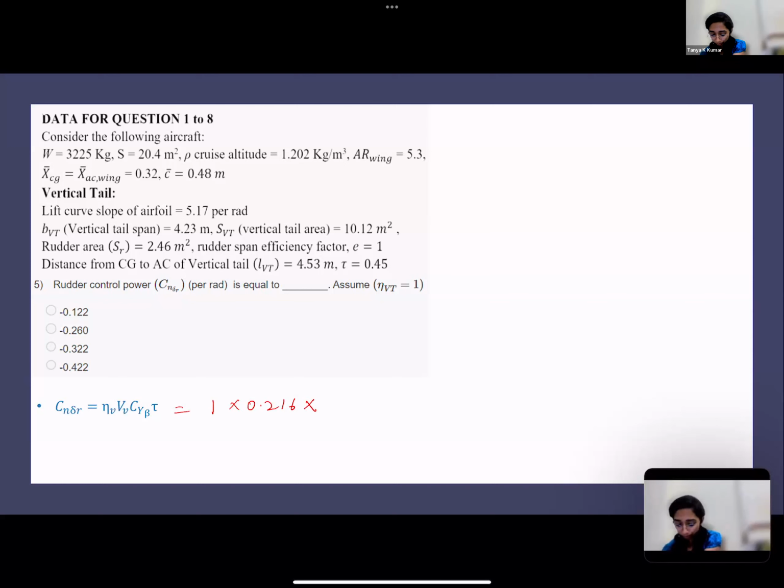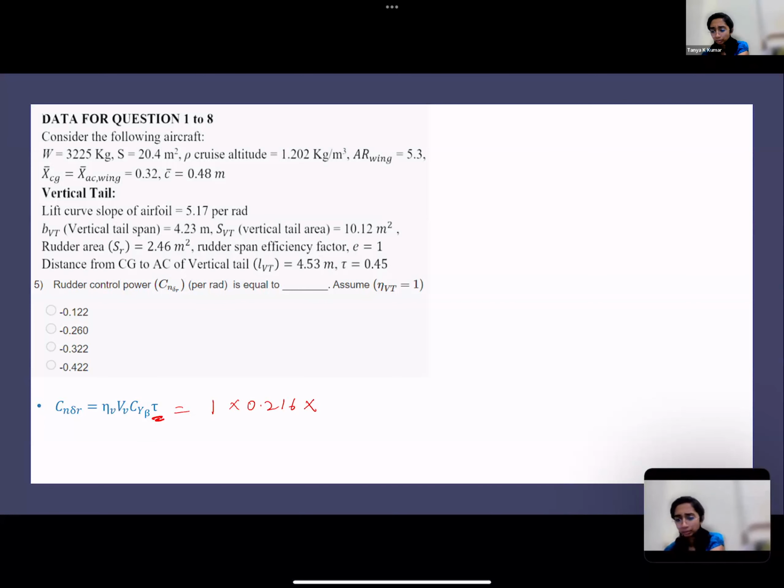What is Cy beta? Tau, you know, only Cy beta is left. How do you find this?